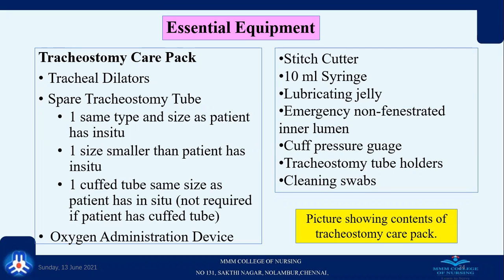Next are the oxygen administration device, stitch cutter, 10 ml syringe, lubricating jelly, emergency non-fenestrated inner lumen, cuff pressure gauge or manometer, tracheostomy tube holders, and cleaning swabs. All these things should be available in the tracheostomy care pack.